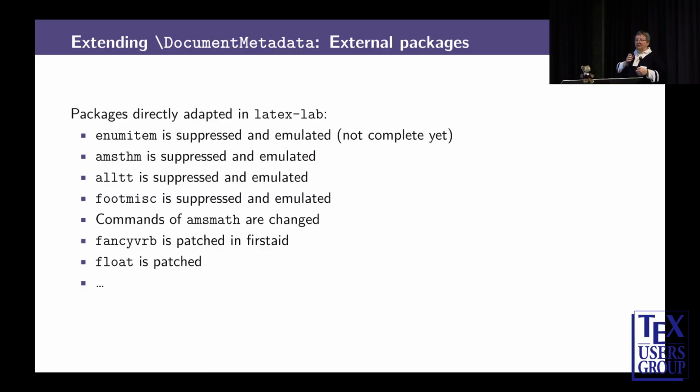The emulation is not yet complete, but many keys that you are using now from enumitem work. So you won't see a difference. If you load the package, we simply suppress it, and probably everything will work, or if not, open an issue. amsthm is suppressed and emulated.